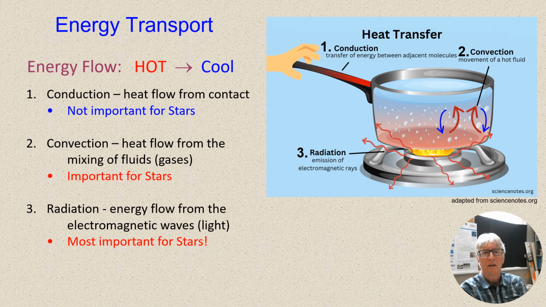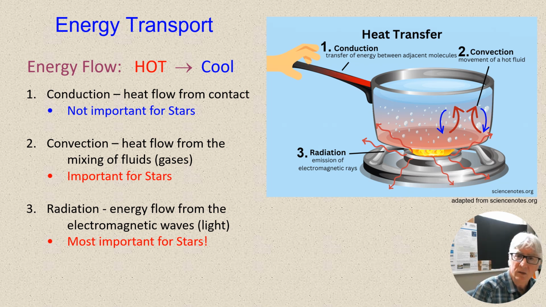Convection, on the other hand, causes the transfer of heat from the mixing of gases, because hotter gas is less dense than cooler gas. Like a pot of boiling water, the movement is caused by heated material rising to the surface and then cooling off at the surface to sink back down under the influence of gravity to be reheated. This is important for the interiors of stars, and this is an energy transport mechanism.